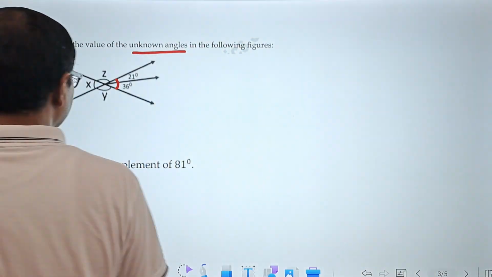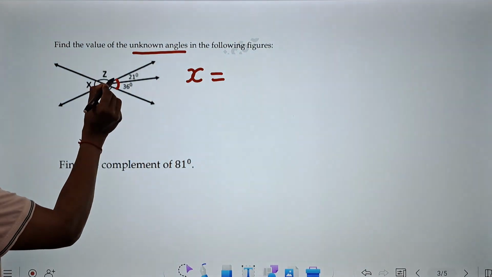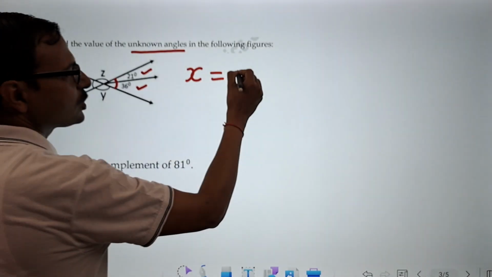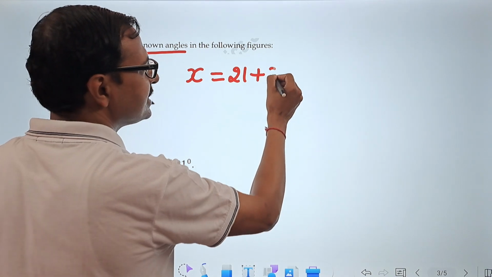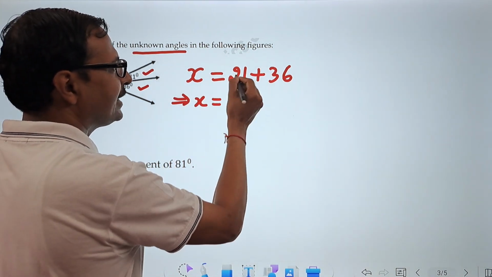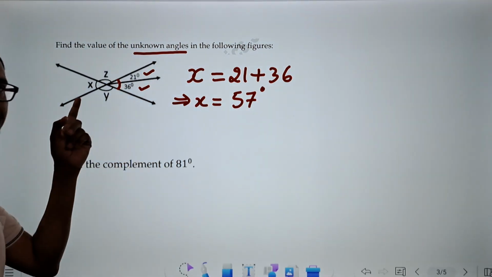So what do we write here? This x will be equal to this complete angle, which is the sum of 21 and 36. So 21 plus 36, and therefore the value of x will be 57 degree. So we got the value of x.